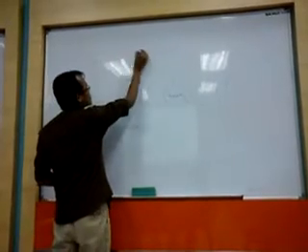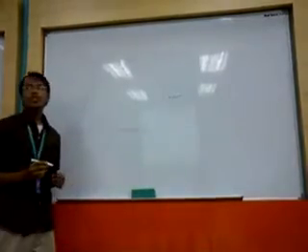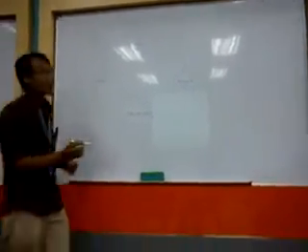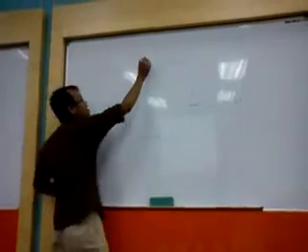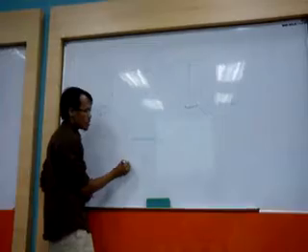And this is the boiler, where the work in is equal to the work out, whereas this is the Q in, and this is the Q out.